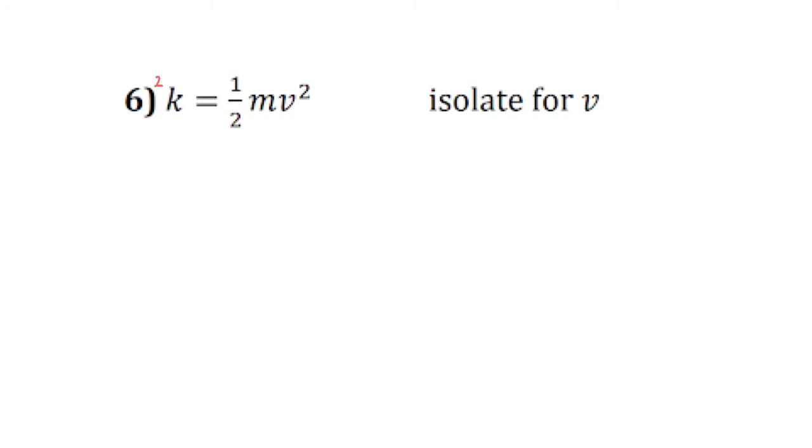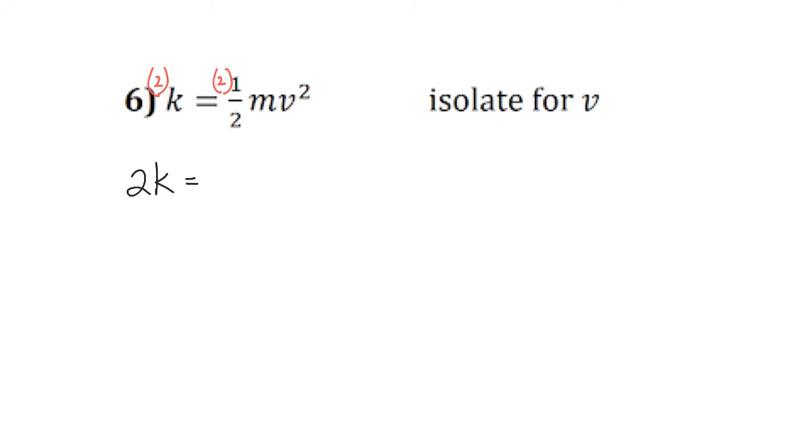So I'm going to put a 2 here on the left-hand side and a 2 here on the right-hand side. So we're actually going to simplify this a little bit. So on the left-hand side, we've got 2 multiplied by k, which is 2k. On the right-hand side, we've got 2 multiplied by 1, which is 2, and 2 divided by 2, well, that's 1.